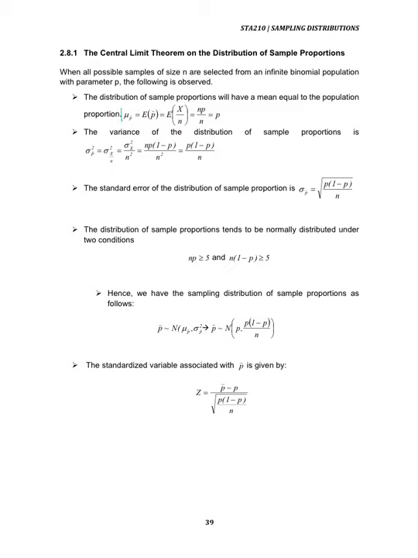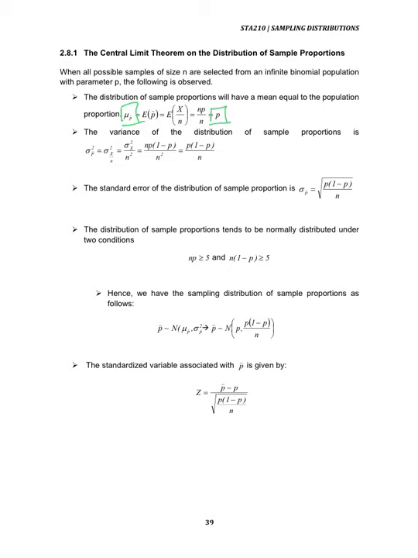That's why mu P hat equals P. Same as the central limit theorem for mean, where mu x bar is equivalent to mu, the population mean. So for sample proportion, the mean of P hat is equivalent to P.